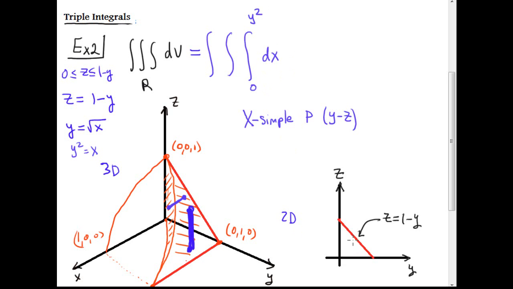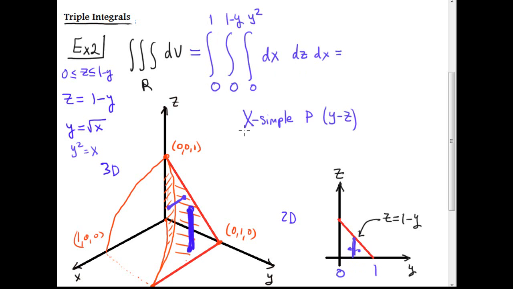And in the projection we have two options: integrate in this direction or extend in this direction. In this case, integrate dz, and z varies from 0 to 1 minus y, which is the equation for this line, and y goes from 0 to 1. Okay, this is one possibility.